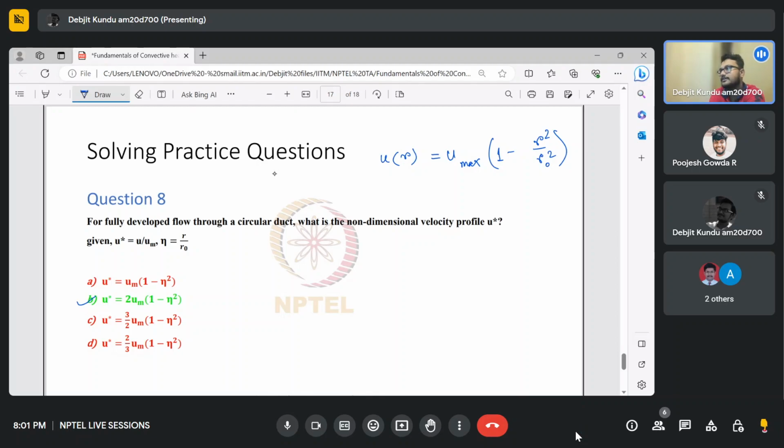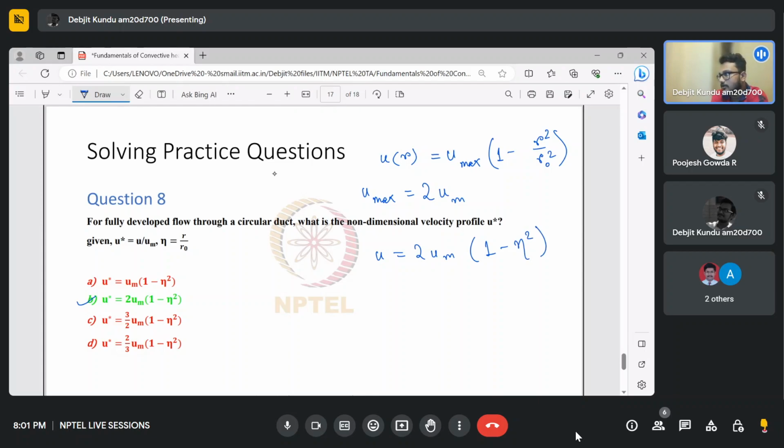Another thing that we know is that this u max is twice the mean velocity. And now if I non-dimensionalize this, I'll have u equal to 2 into 1 minus eta squared.